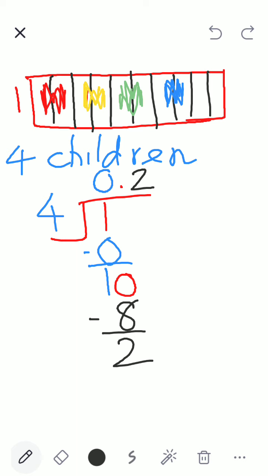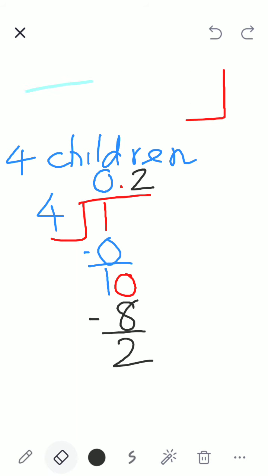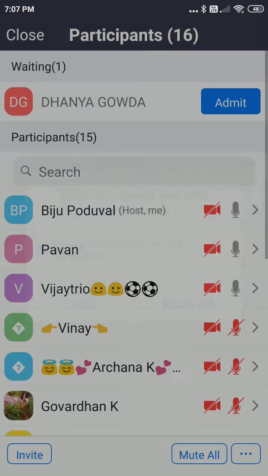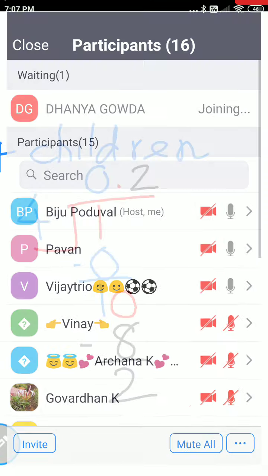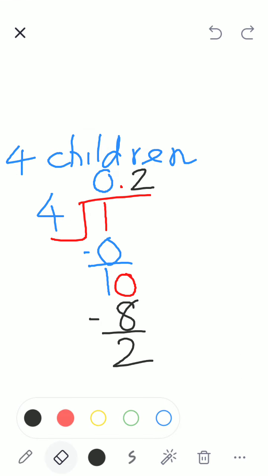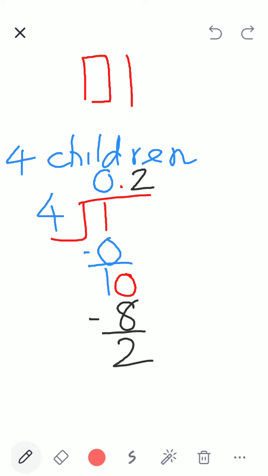2 pieces still remaining. So I will draw only those 2 small pieces now. Correct? Now I will further have to cut, because 2 pieces I cannot give to 4 children.